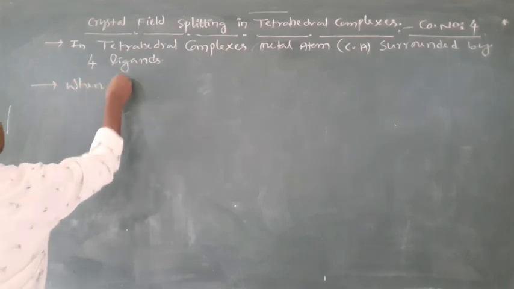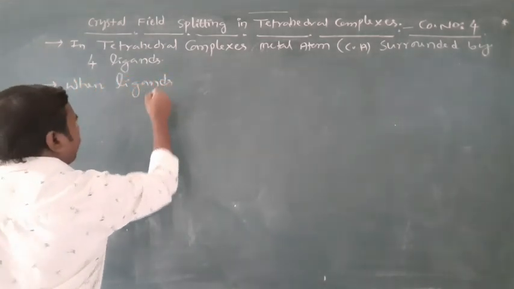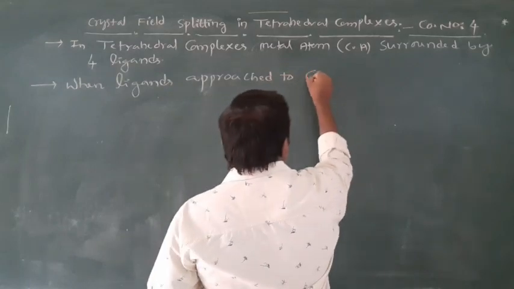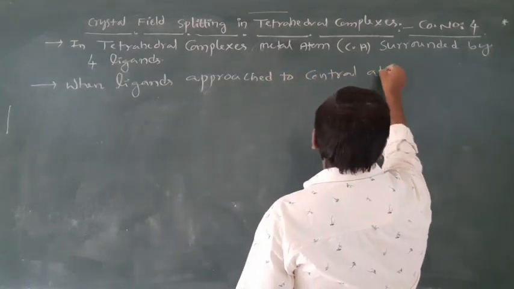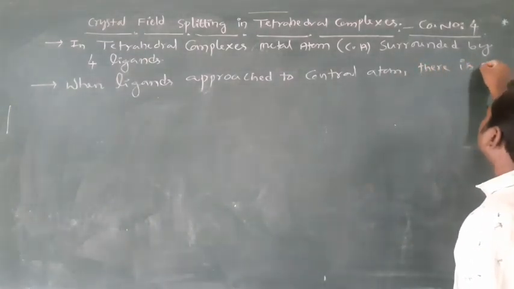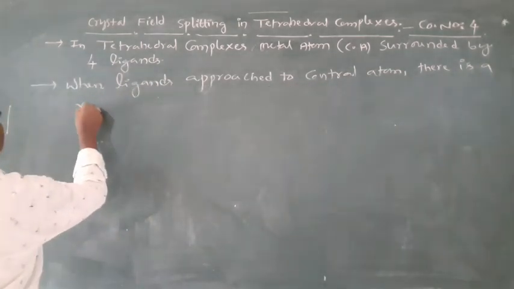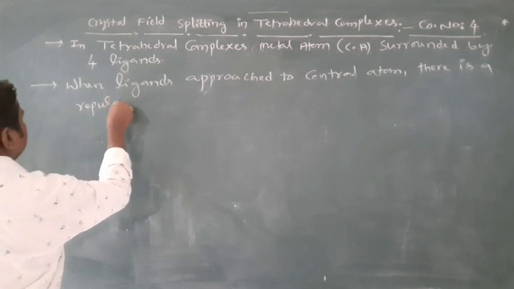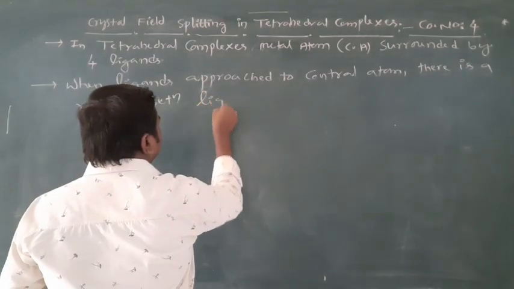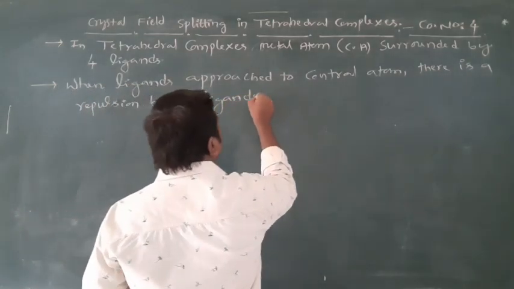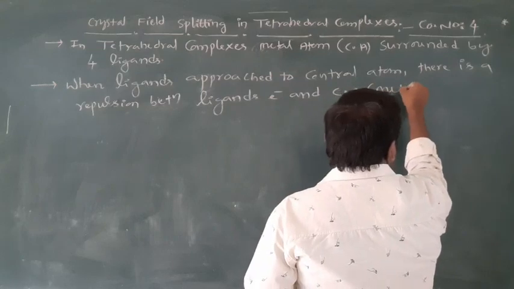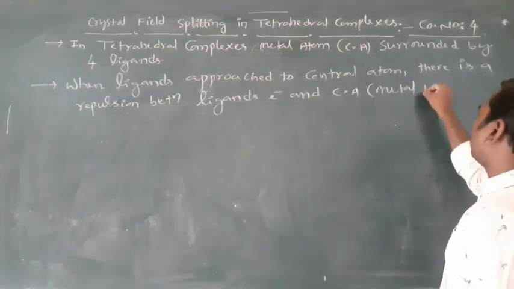When ligands approach the central atom, there is a repulsion between the ligands' electrons and the central metal atom's electrons.